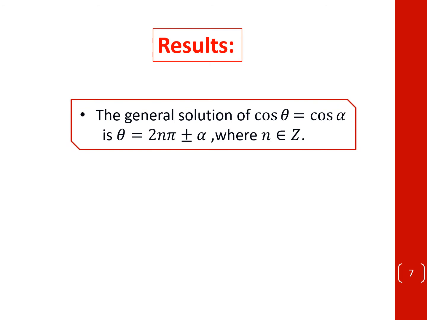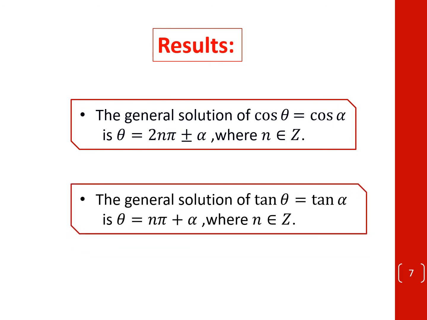We'll see more results. See, student, just like sin theta equals sin alpha, we have the general solution of cos theta equals cos alpha is theta equals 2n pi plus minus alpha, where n belongs to Z. Next, the general solution of tan theta equals tan alpha is theta equals n pi plus alpha, where n belongs to Z. See, student, here we don't want the proof of these results.